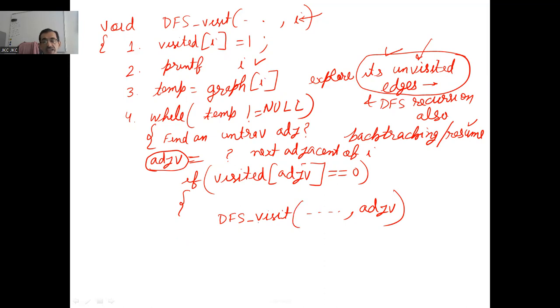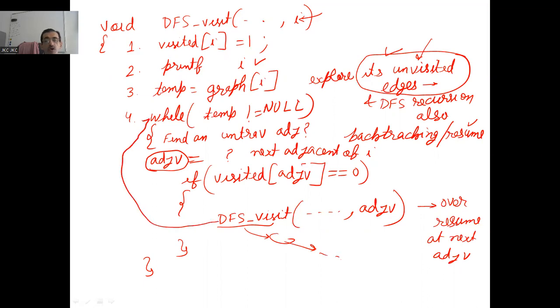And automatically, whenever the depth goes further and further and then it is over, it will resume at the next adjacent vertex. So somewhere I have to definitely say that I have to go towards the next one: temp equal to temp arrow next.